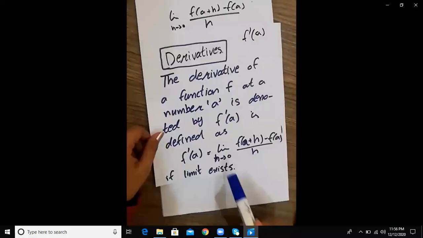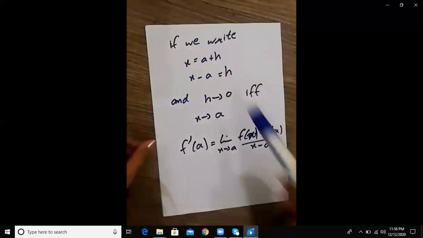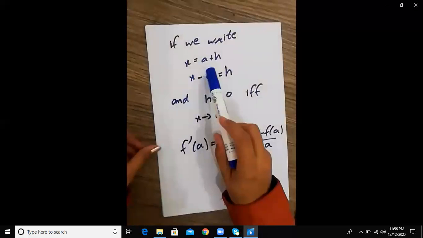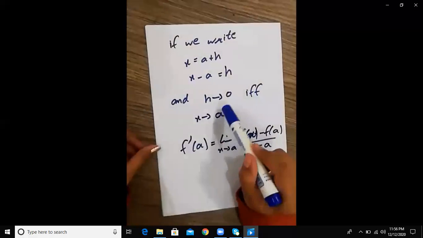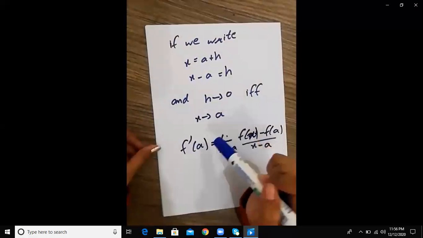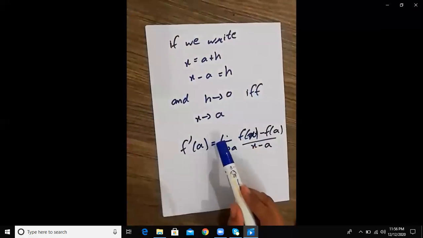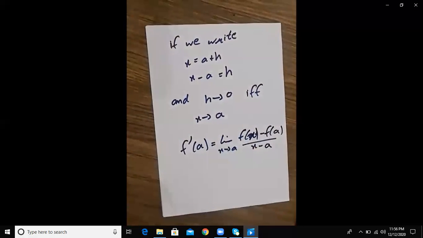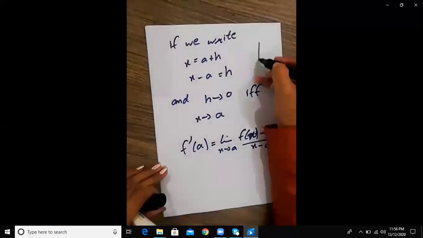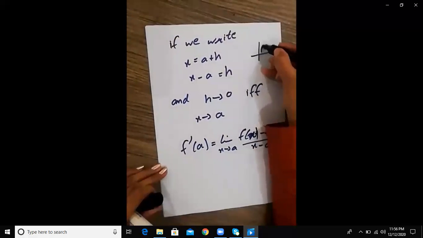This is the first definition, and this one is the second definition, as we defined h: x is equal to a plus h. If you remember the definition of the tangent line, in an xy plane, this is the curve of any function.